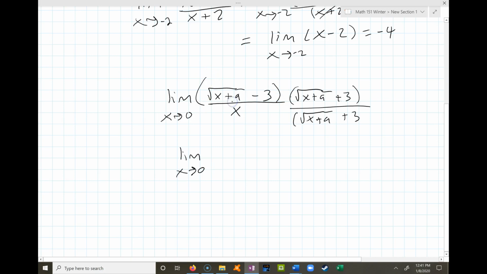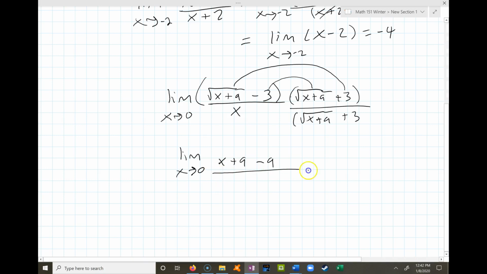So when we multiply this, notice that the square root of x plus 9 times the square root of x plus 9 is x plus 9. And negative 3 times 3 is negative 9. And even cooler, let's erase those so you don't get mixed up, negative 3 times that plus 3 times that is equal to 0. And that's why we multiply by the conjugate pair, because it basically eliminates the radical.